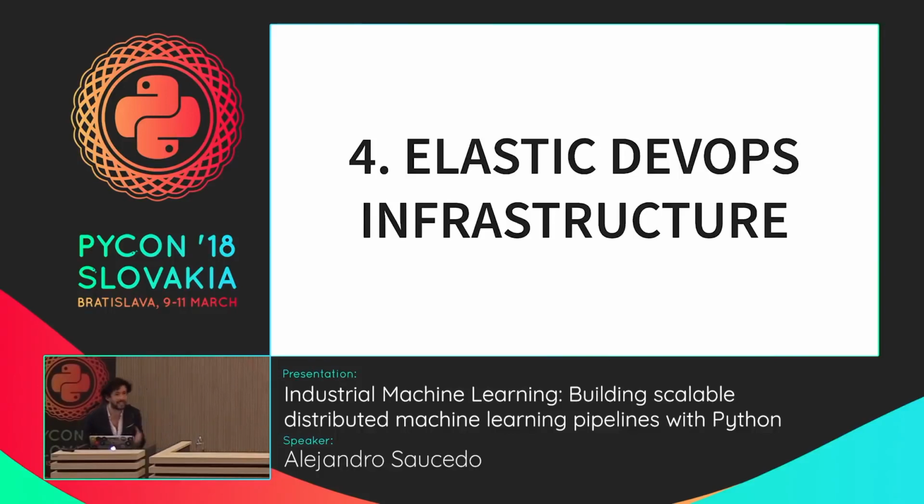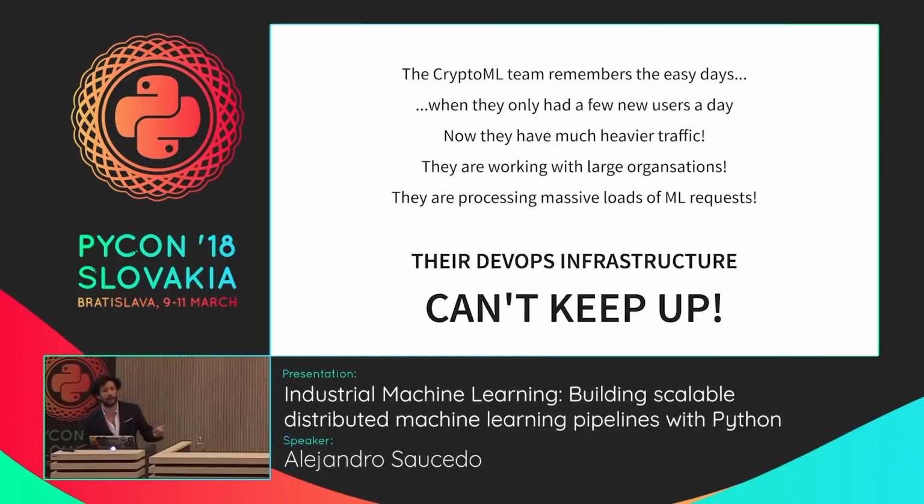I think personally for me, DevOps is one of the most important things when it comes to machine learning. Ultimately, without a strong DevOps architecture to maintain and monitor and support your computation and your user base, you won't be able to get too far. So this is one of the most important things.